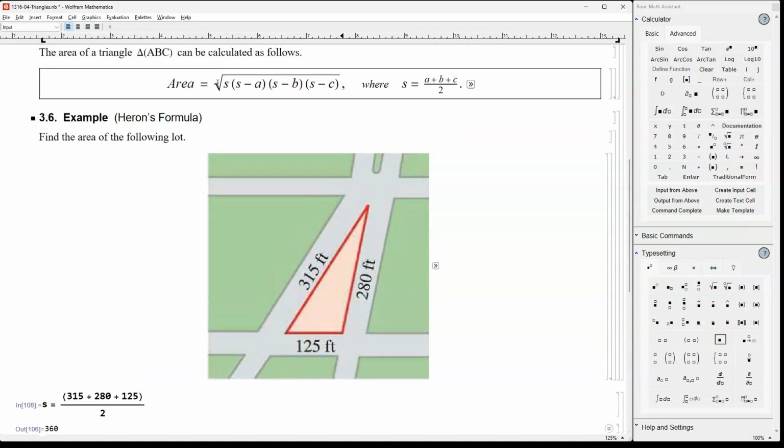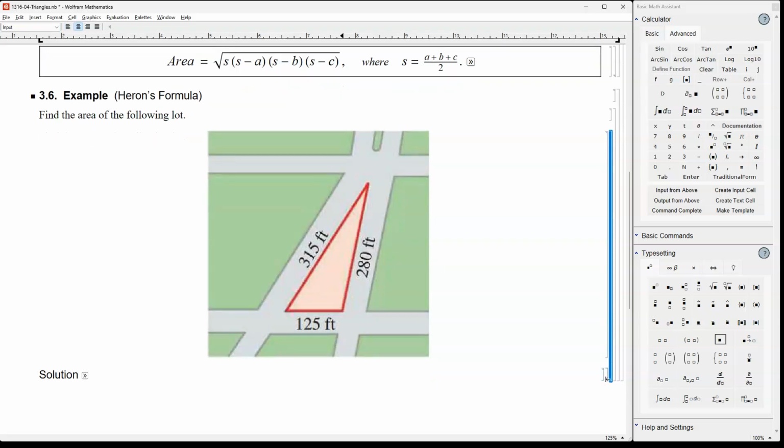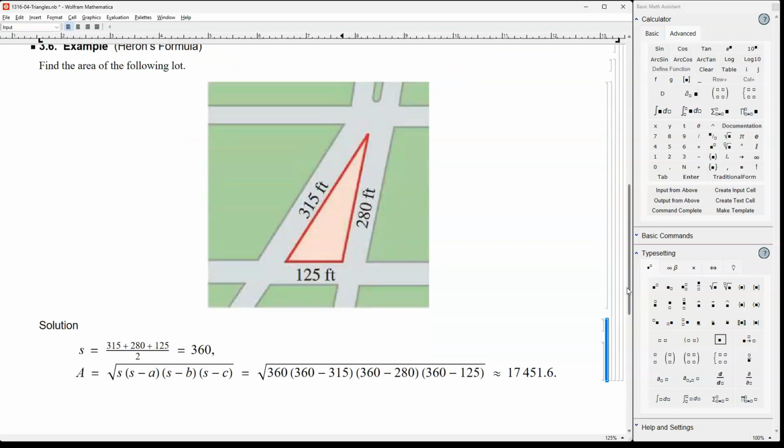And square root of 360 here, 360 minus 315, 360 minus 280, do your computation. And then in the end, take the square root. Let's see, did I do that computation here? Yeah, I guess so.